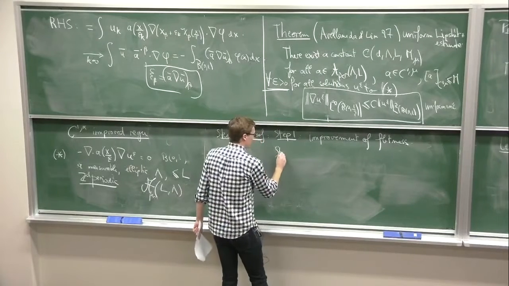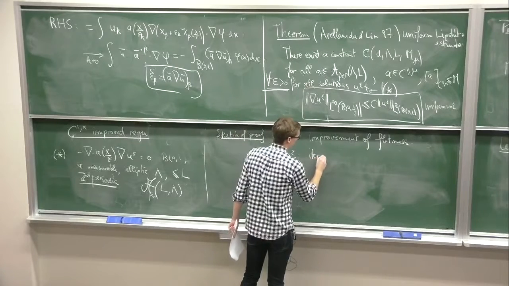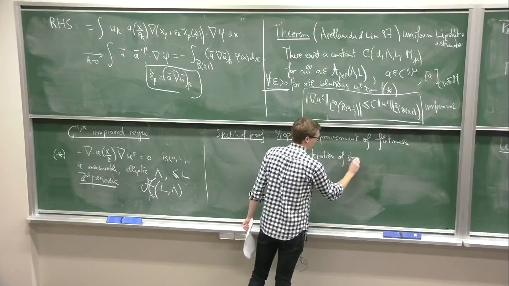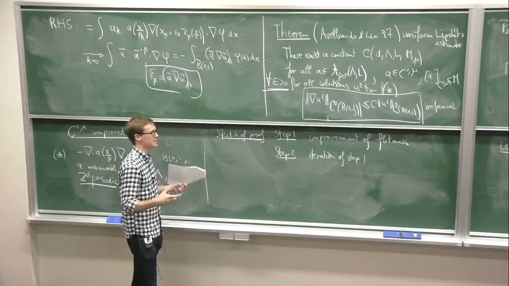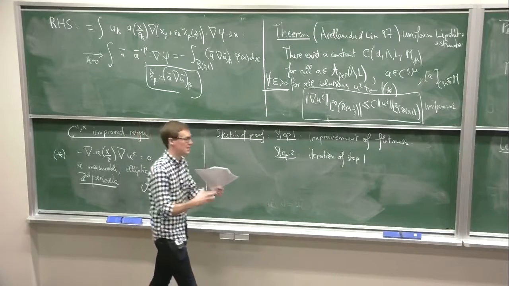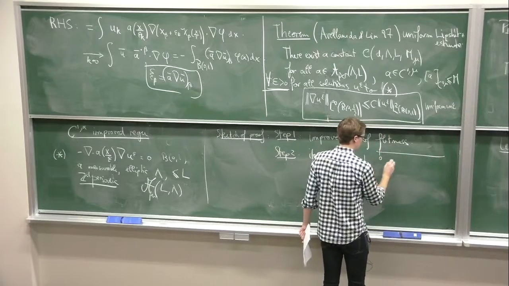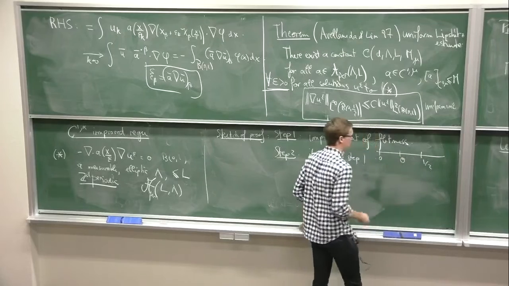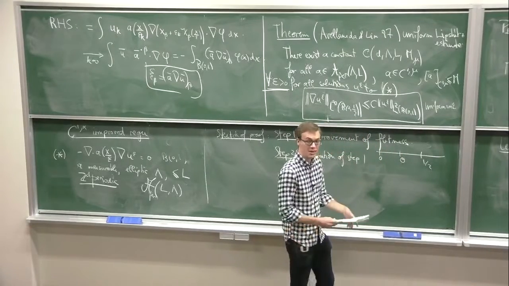So step 2 is iteration of step 1. So in step 1, you get an estimate uniform in epsilon, but only at some intermediate scale. So let's say in (0, 1/2). You will get an estimate at some intermediate scale theta, but uniform in epsilon.